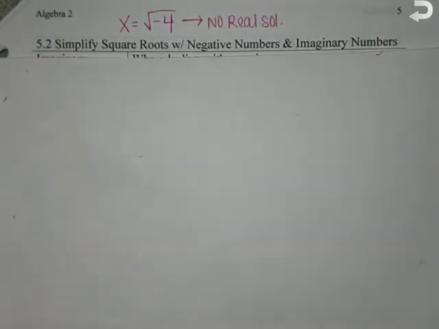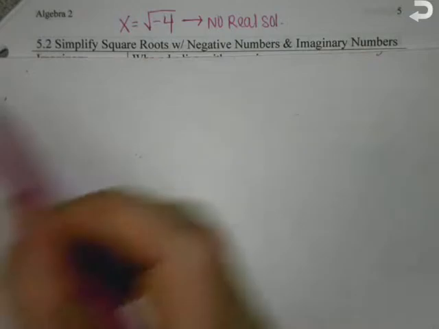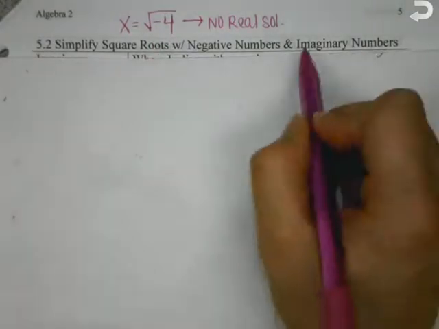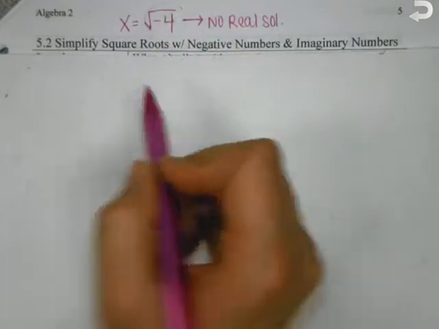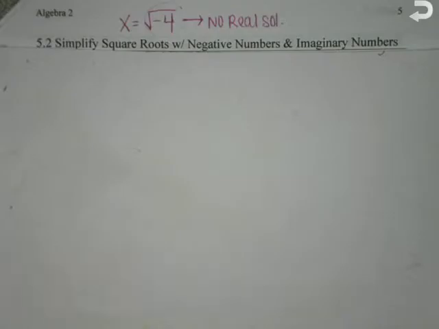So today we're going to be working with something called imaginary numbers that helps us get answers when we have the square root of a negative. Now the square root of a negative is something we actually can do, but because that's not considered a real number, we call it an imaginary number. Okay?